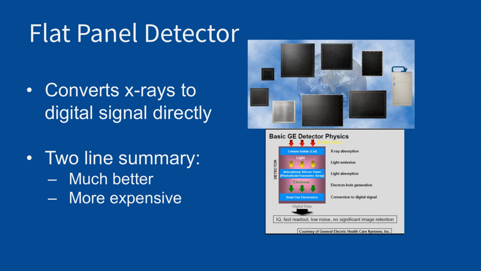With the flat panel detectors, there are actually two types as well. What we want to do is convert X-rays directly to a digital signal. The one type is essentially a computed radiography flat panel, where the X-ray continues to hit some kind of chemical, typically cesium iodide, that generates light when hit by an X-ray.